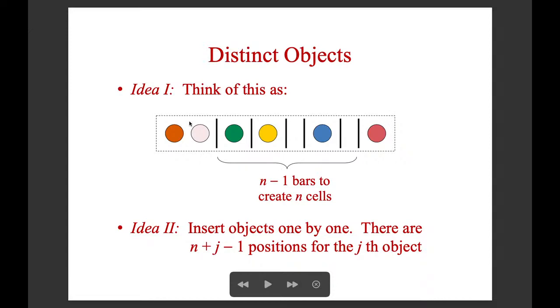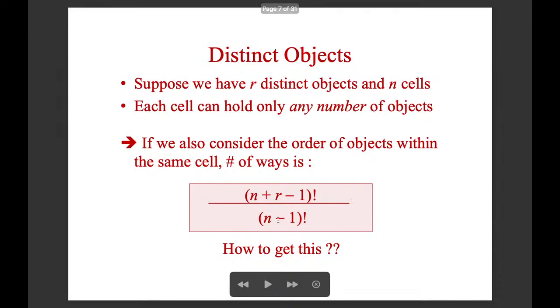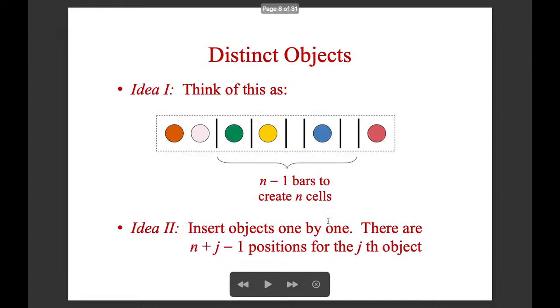We have r balls and n minus 1 bars to arrange. Any arrangement corresponds to a way to distribute objects into the boxes when the objects are the same. After that, we simply multiply by r factorial to color the balls afterwards. So we get (n plus r minus 1) factorial divided by (n minus 1) factorial times r factorial, multiplied with r factorial. The r factorial gets cancelled, so we get this result.